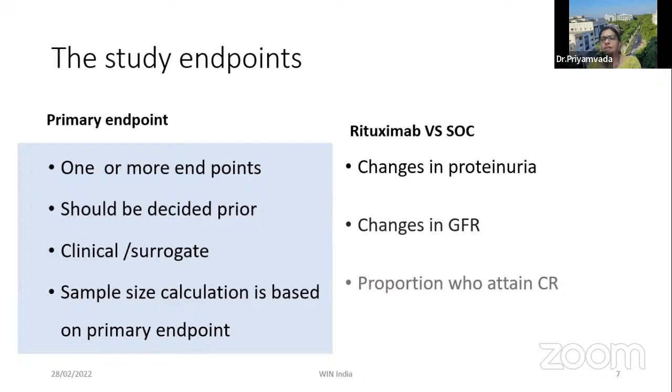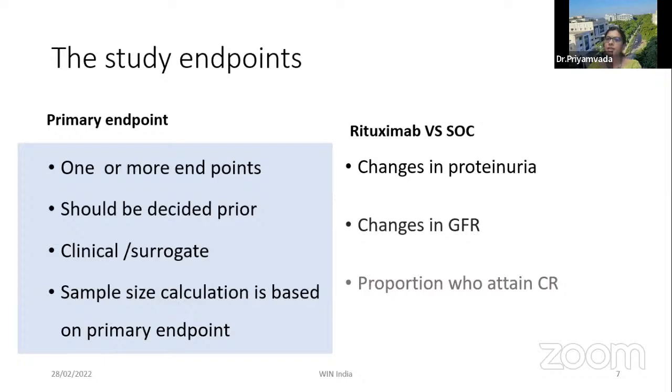You can take the absolute changes in proteinuria, or you can take the proportional changes in proteinuria. Now you can select the changes in the glomerular filtration rate. It all depends upon what you decide to include. Suppose you are including patients with proteinuria and GFR maybe somewhere in the 60 to 90 range, we know that these people are at slightly lesser risk for progression to CKD. So in that situation, probably the absolute changes in GFR could be the primary endpoint.